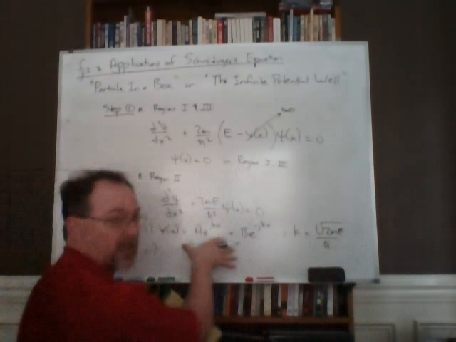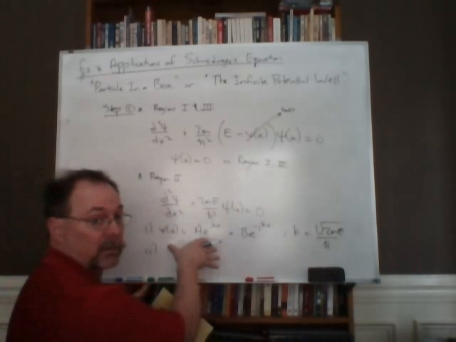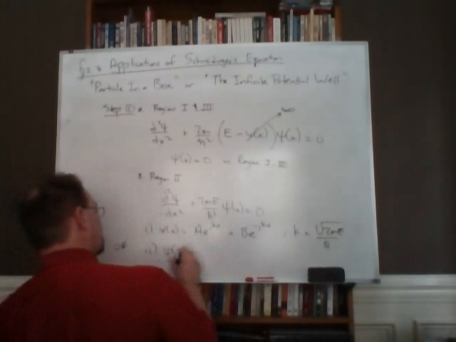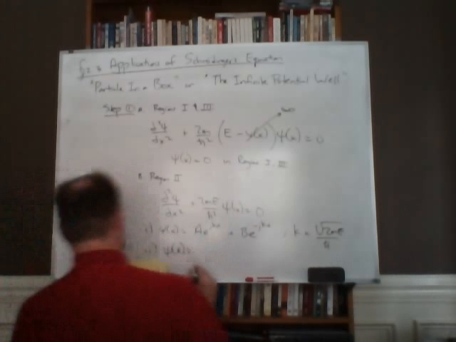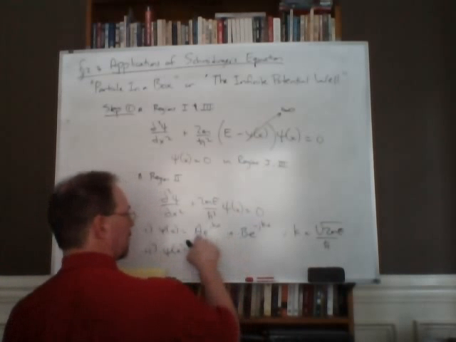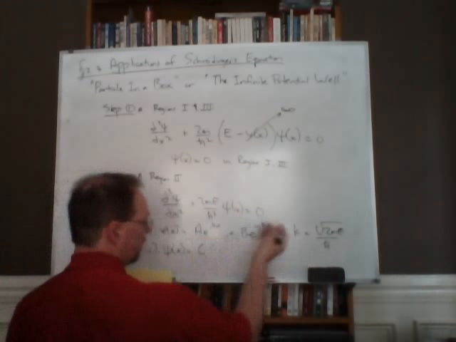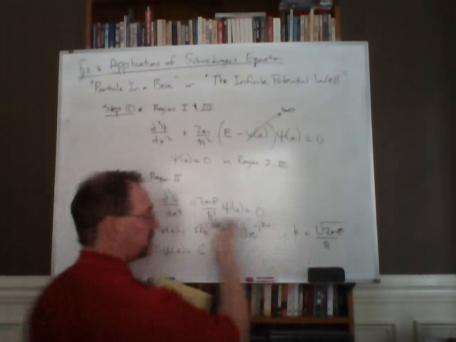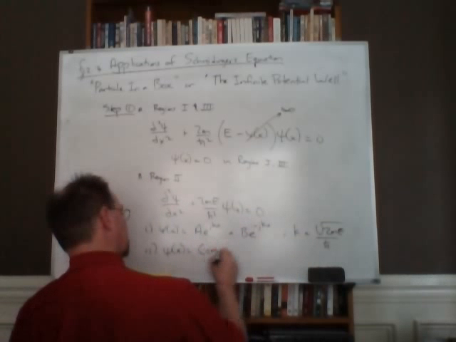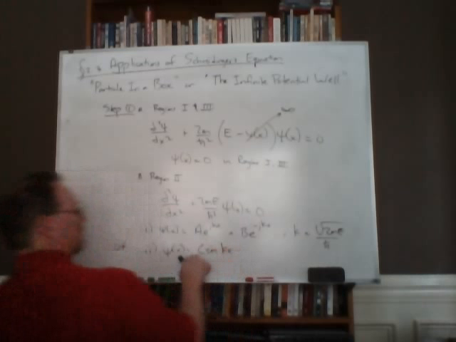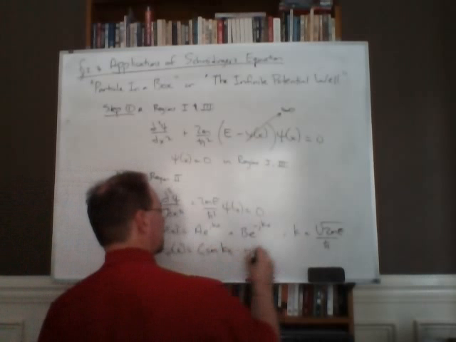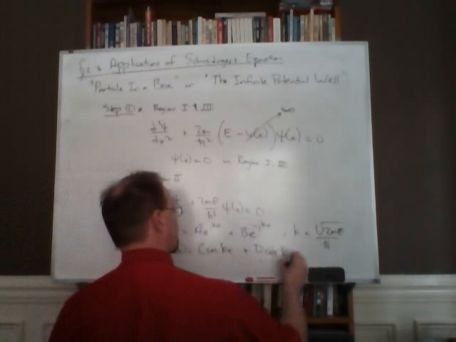So this is what was convenient for our free particle. But the other form is going to be easier to work with for us now. Psi of x could be, with a different scale factor, since we have A and B to be determined from boundary conditions, but here we have different constants: C times sine kx plus D cosine kx.